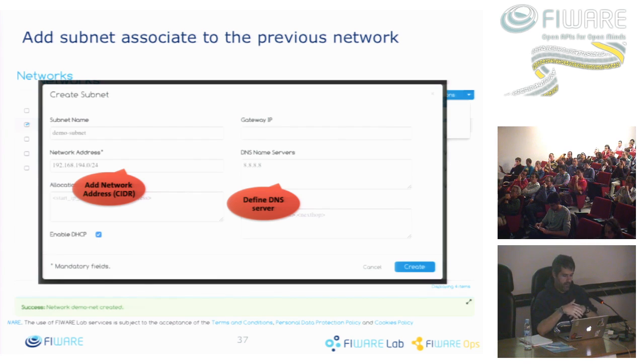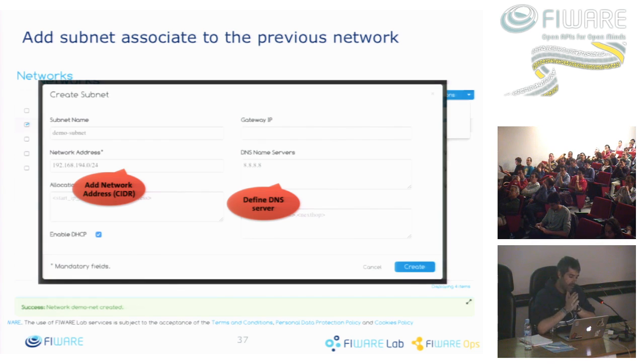Of course, if you want to put a specific DNS, like in the example where I put Google, you put the DNS here. You also have the possibility to specify, behind this balloon, the range of the IPs that you want to use.